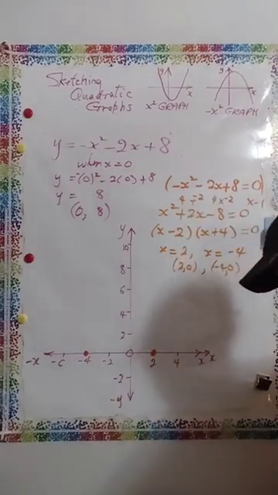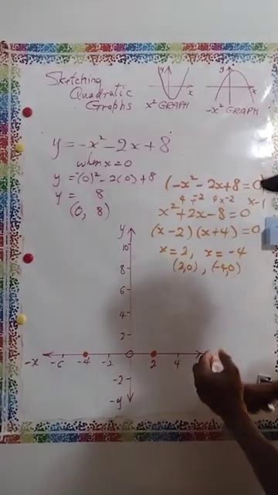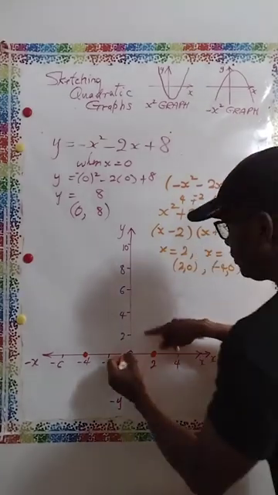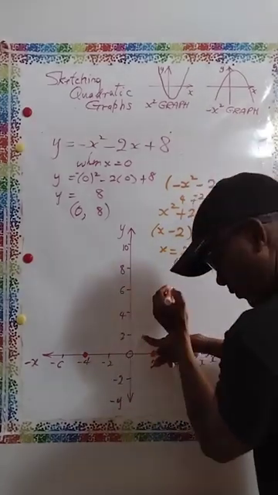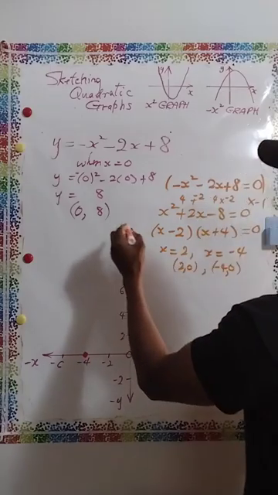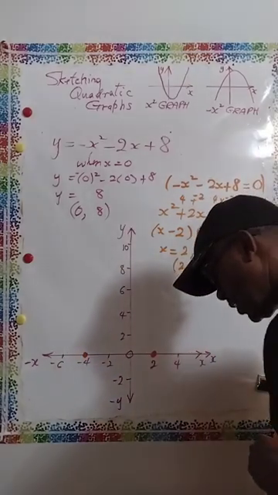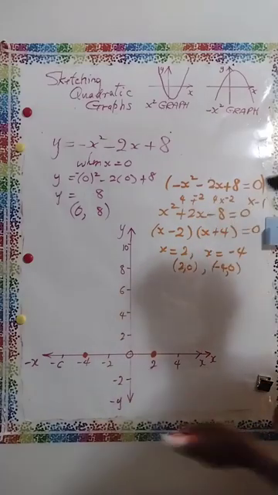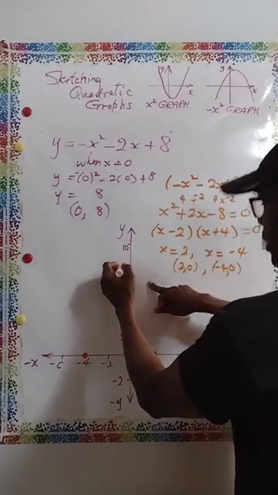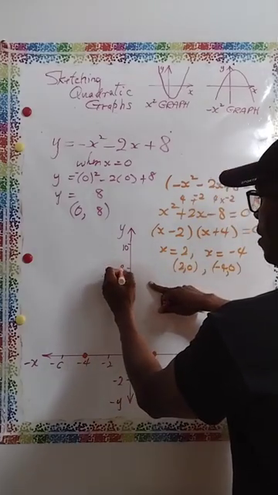The point we found just now is what? That's going to be 0 and negative 8. That's going to be somewhere here.